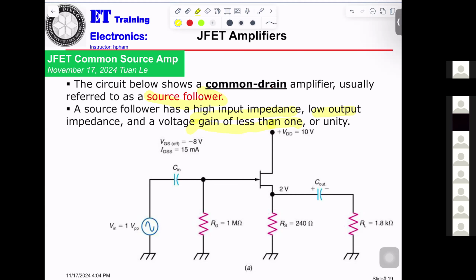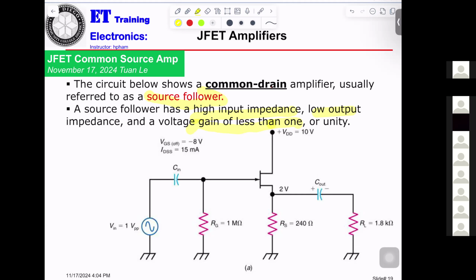When you're looking into the circuit, you know the bias: self-bias, fixed bias, voltage divider bias. For the self-bias and voltage divider bias, to solve the problem you have to use the graph. To avoid using the graph, they have to give you something.